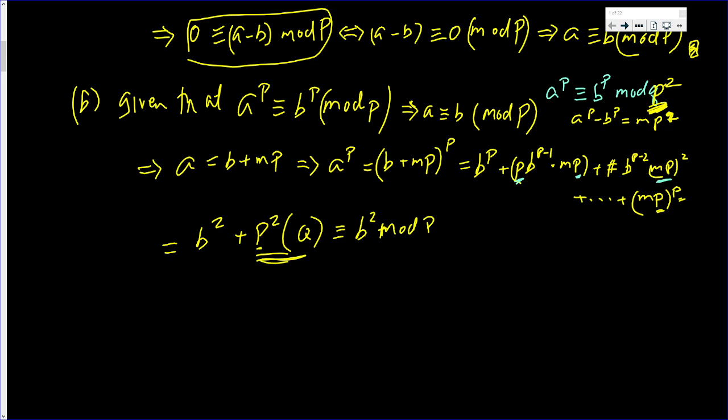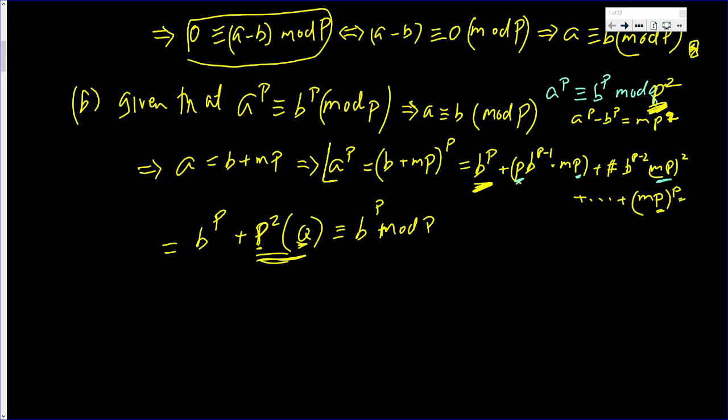This is 0 because p is 0. 0 squared is 0. 0 times some other number like q is 0. I made one major mistake. That's not b squared. That is b to the p, excuse me.